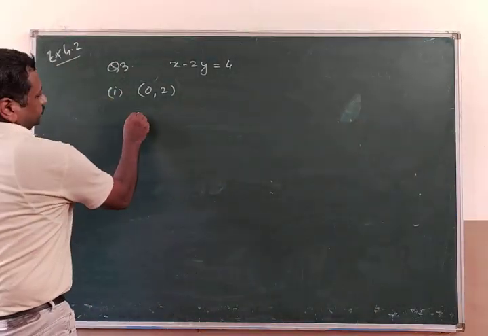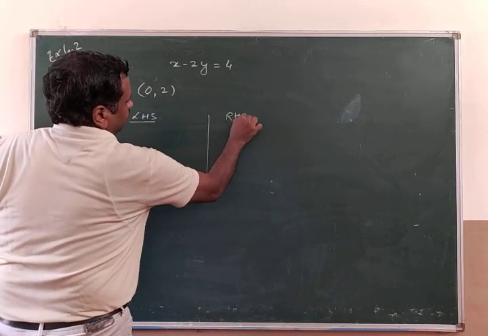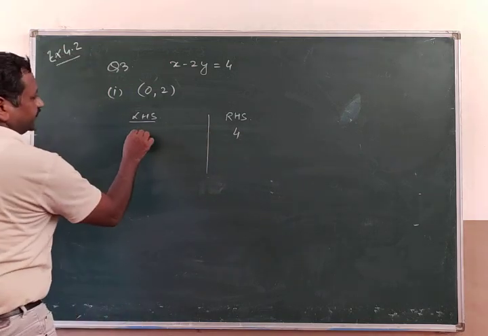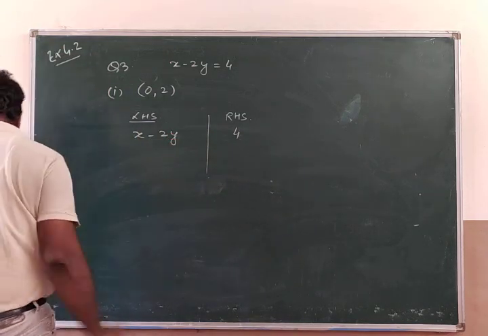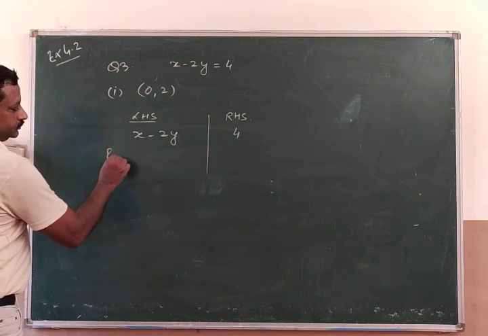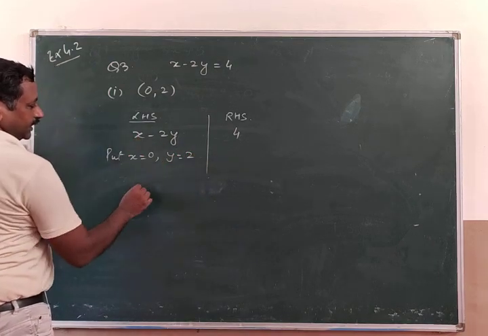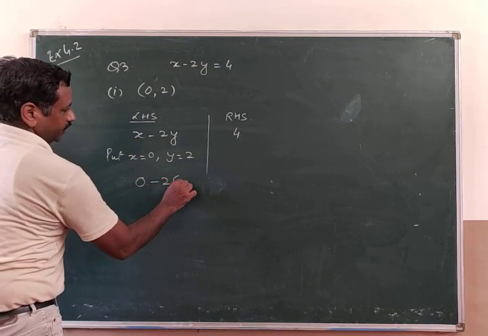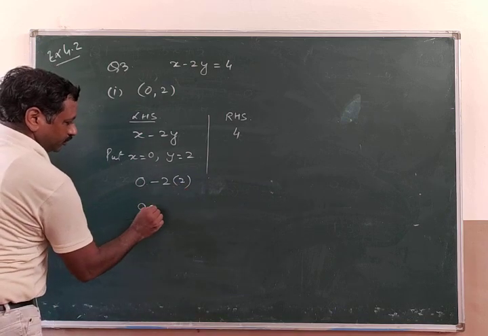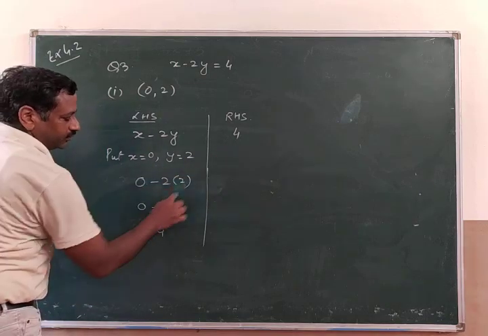So left hand side, and here is the right hand side. Right hand side is 4, left hand side is x minus 2y. So put x equal to 0, y equal to 2, 0 minus 2 into 2, so it will be 0 minus 4, it is minus 4. So you can see left hand side is not equal to right hand side.